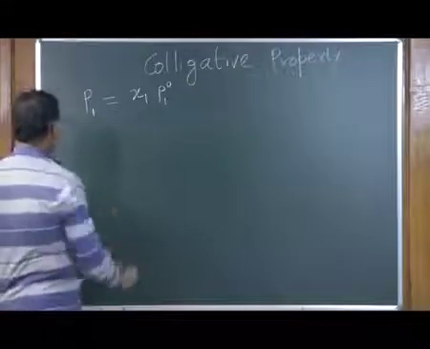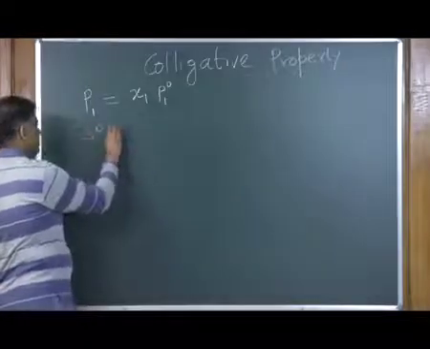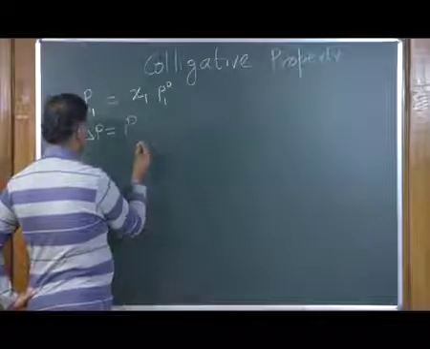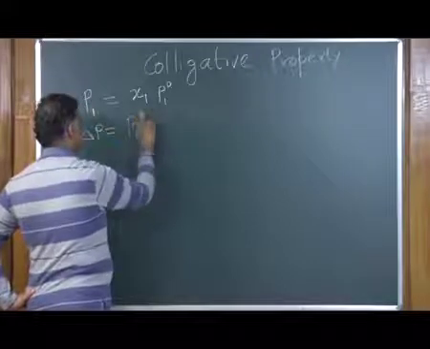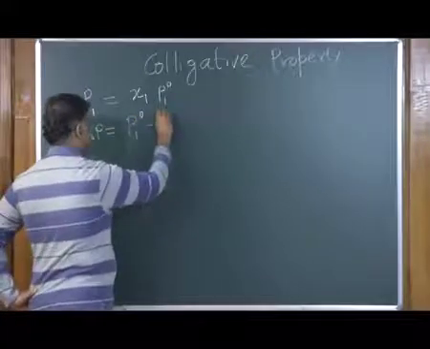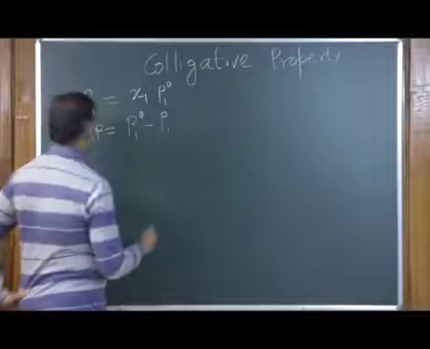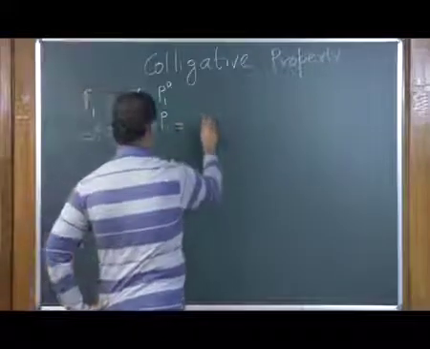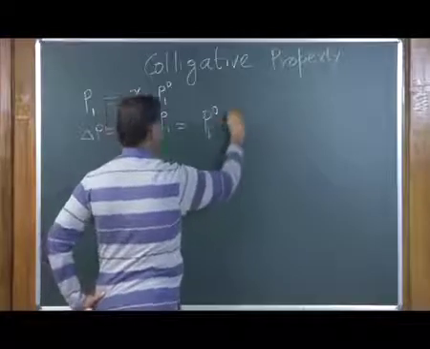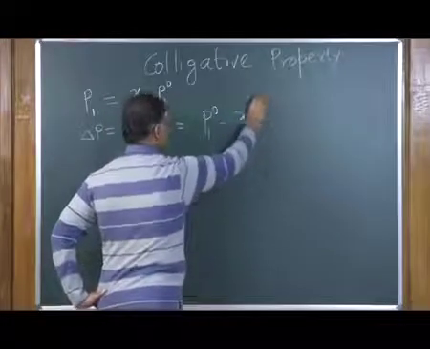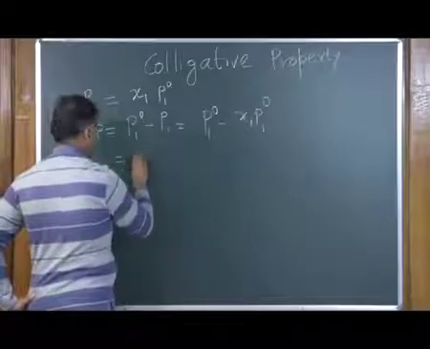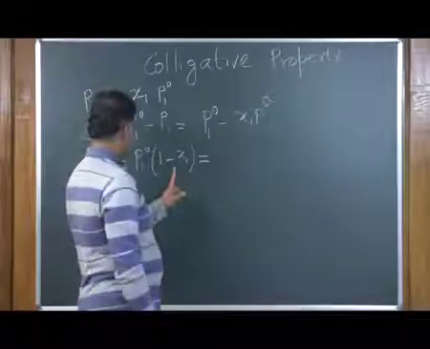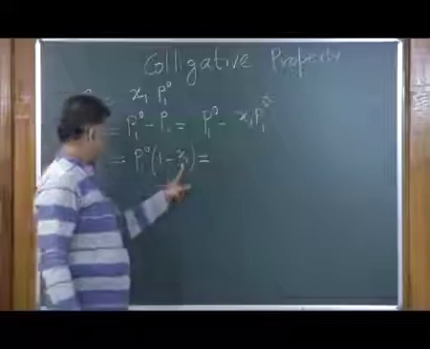Of course, the change in vapor pressure can be written as vapor pressure of pure solvent minus vapor pressure of solvent in solution, and replacing P1 from here, we are going to get P1⁰ minus x1 P1⁰, which is equal to P1⁰ (1 minus x1), and we know this x1 is the mole fraction of solvent.